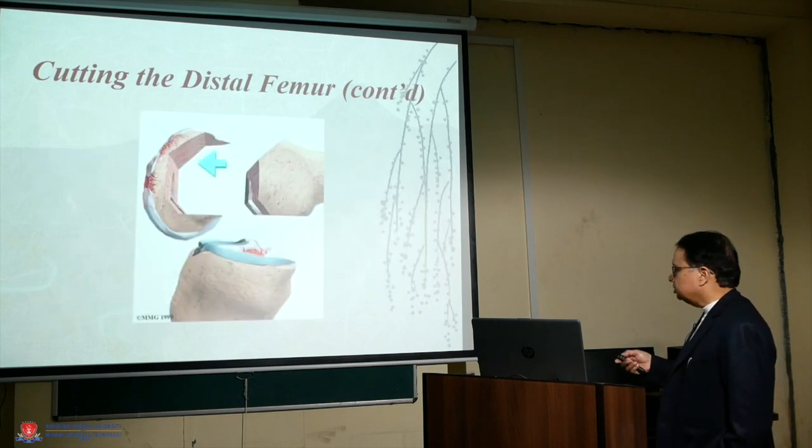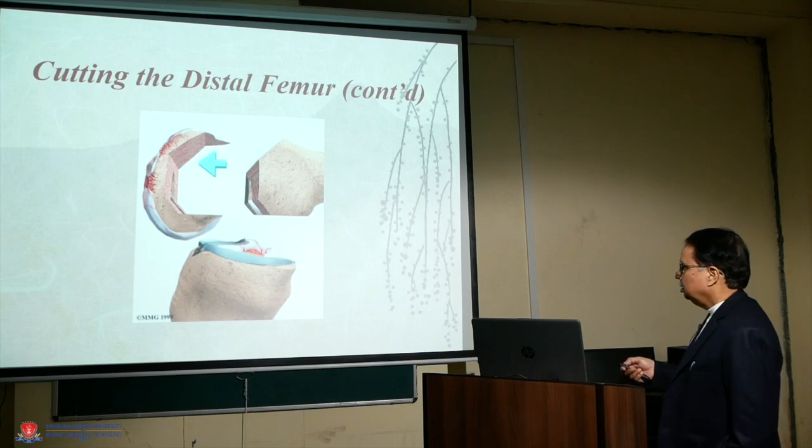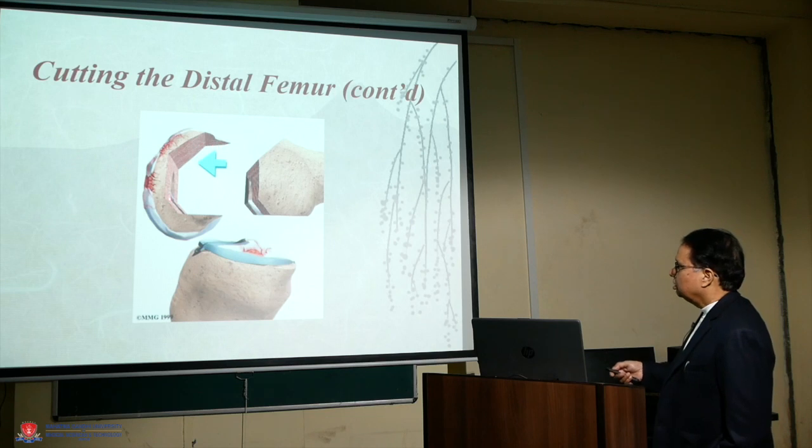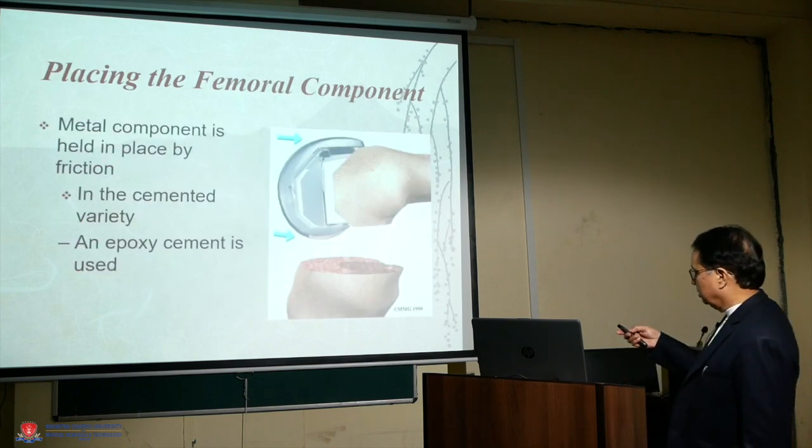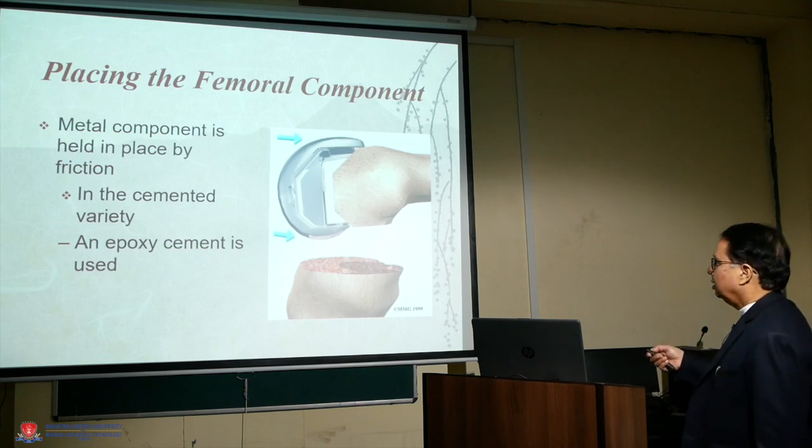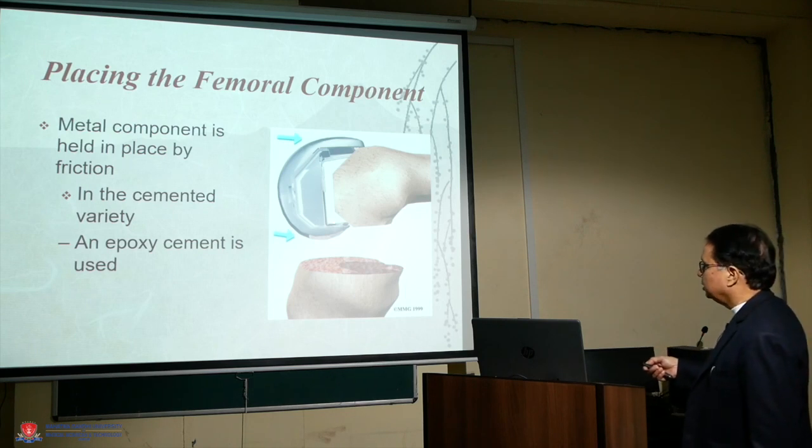And after achieving the various cuts, you can see these are the various cuts. This is the posterior, this is a slot cut, and these are various cuts which match your metal component. So finally our metal component is like this.